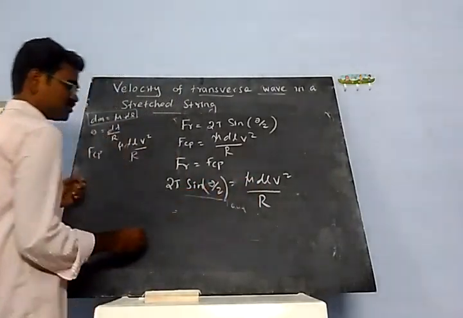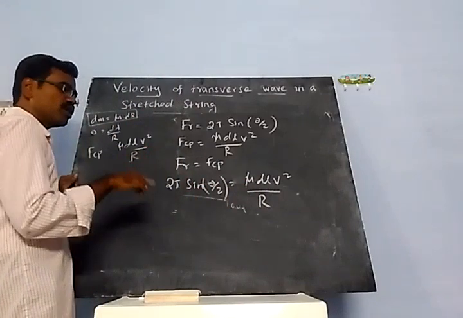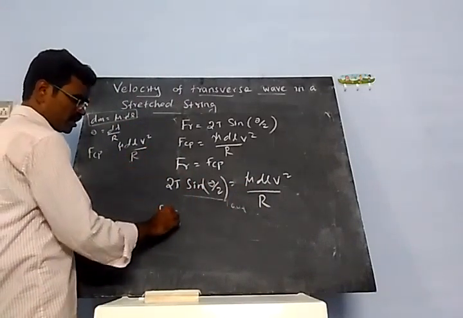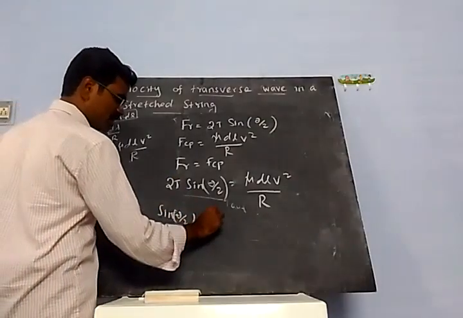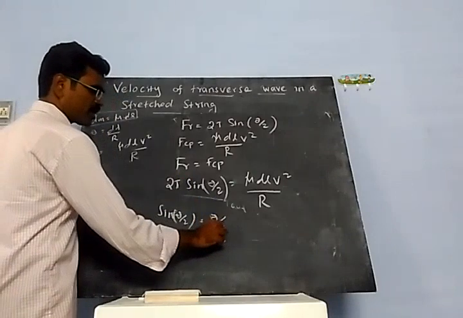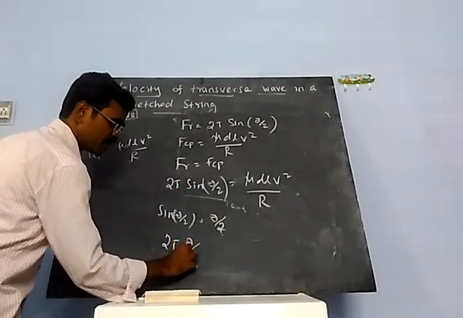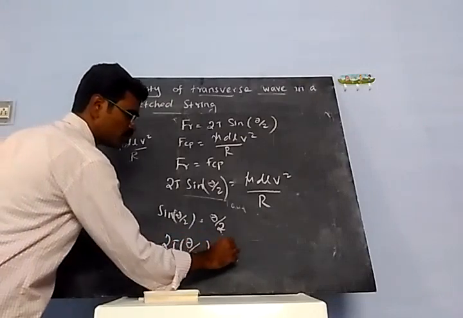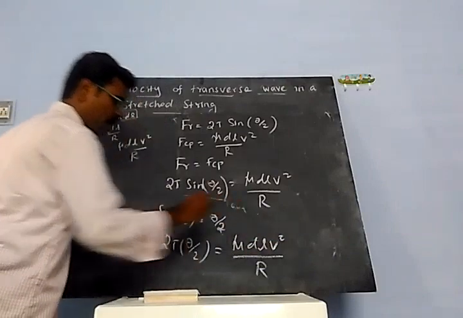In this case, theta is very small. So sin theta by 2 is also very small, so this is equal to theta by 2. You can substitute this in the equation. So 2T theta by 2 is equal to mu dl v squared by r.